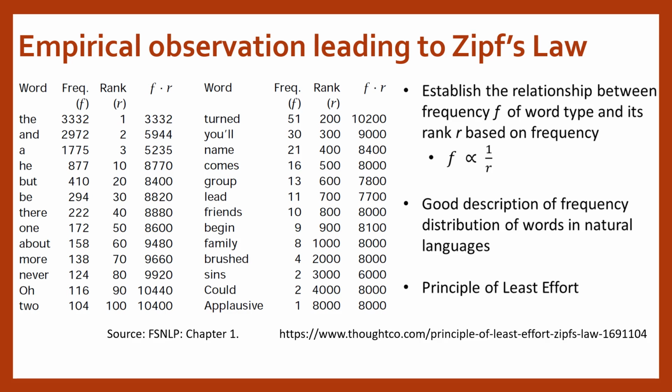The speaker's effort is conserved by having a small vocabulary of common words, and the listener's effort is lessened by having a large vocabulary of individually rare words. The idea here is that the speaker wants to convey his message clearly and unambiguously, and the listener's objective is to understand whatever is being said unambiguously.